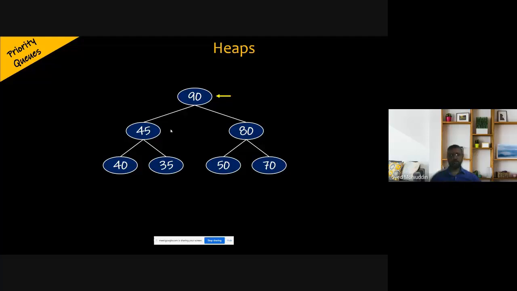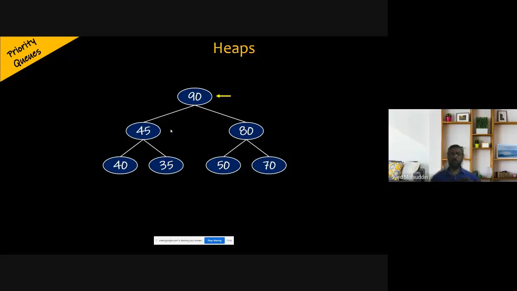Now remember, the property we are checking here is known as the relational property. In heaps, two properties have to be satisfied. One is the relational property: a node will be greater than its children if it's a max heap, and a node will be smaller than its children if it is a min heap.